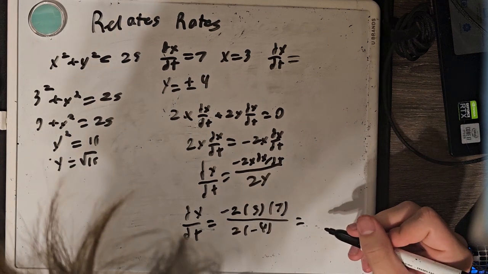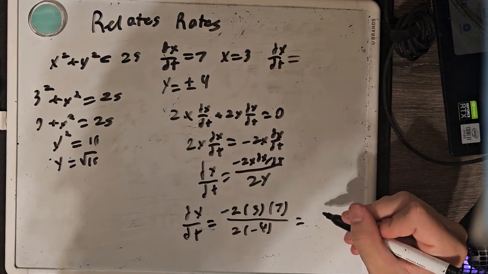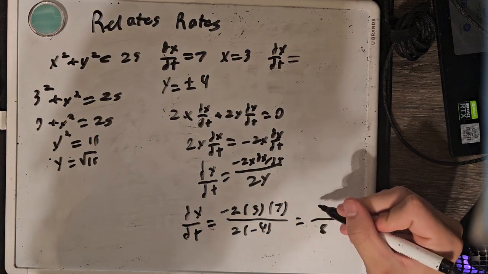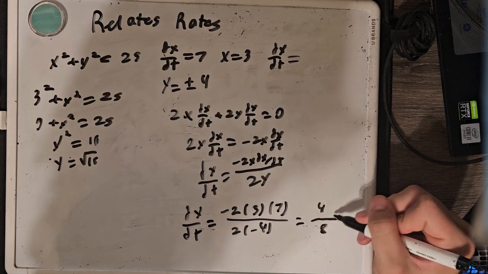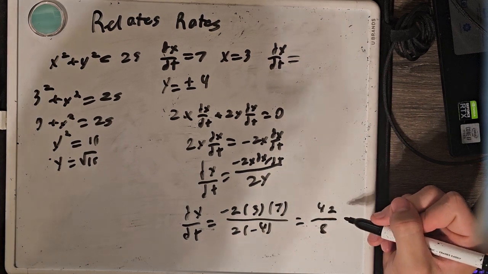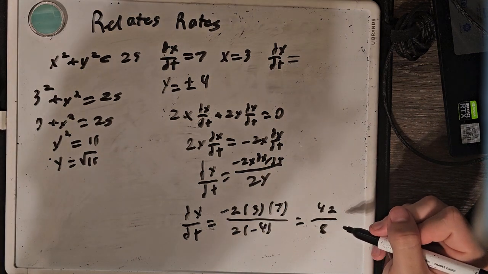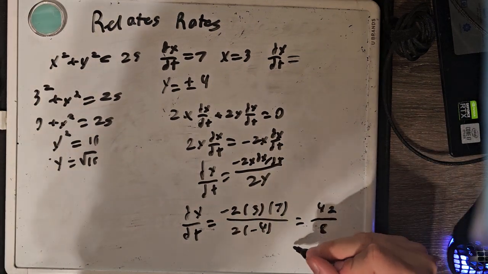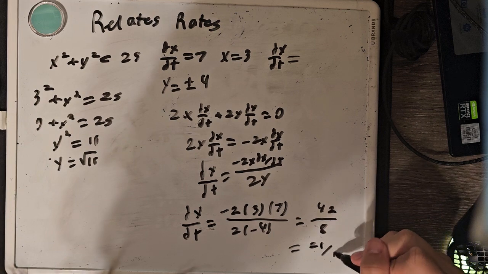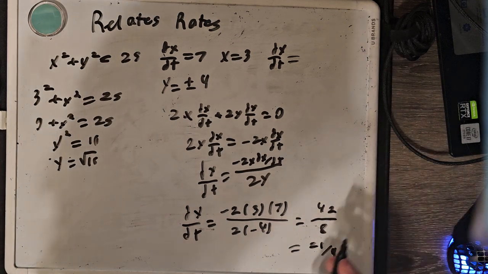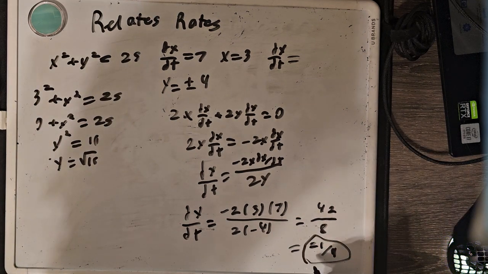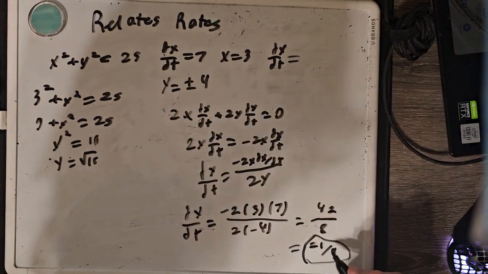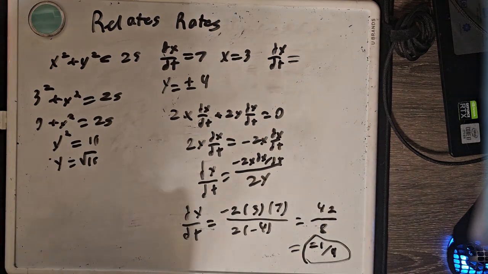That is going to be equal to 6 times 7, which is 42, over 8, which simplifies to 21 over 4. And that is our positive answer. If we plugged in positive 4 for y, it would just be negative 21 over 4, but we're looking for a positive answer in this case.